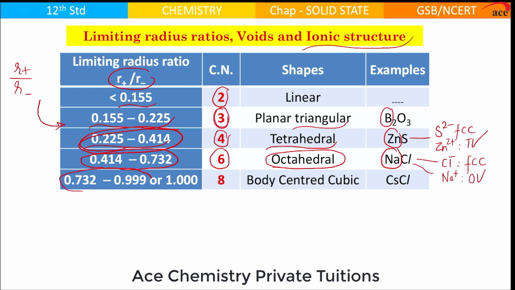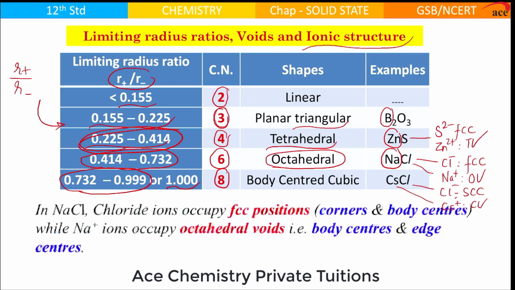If your radius ratio lies between 0.732 to 1, better to remember 1, then the coordination number is 8. Example, cesium chloride, where chloride was making SCC and cesium was present in the cubic void.